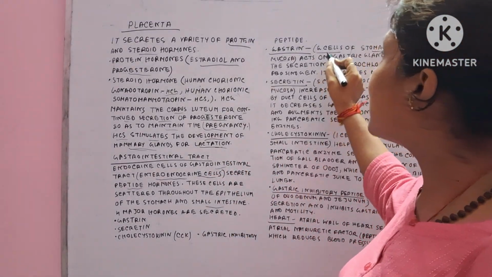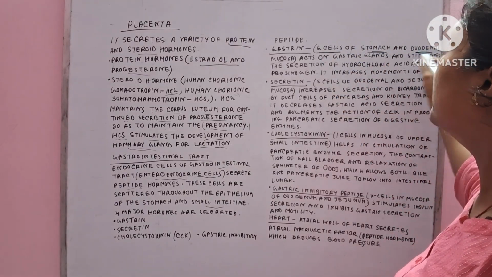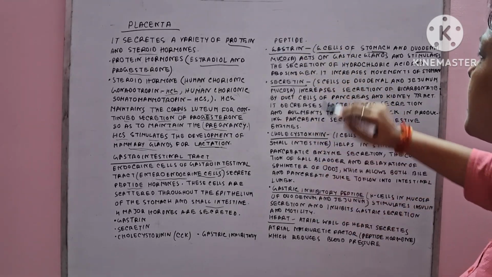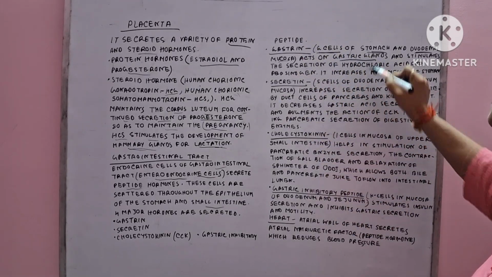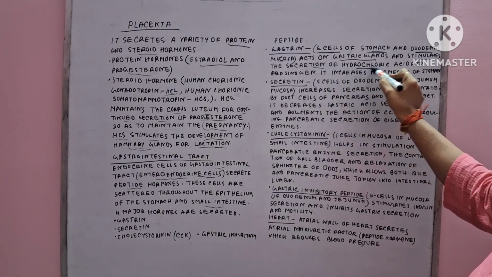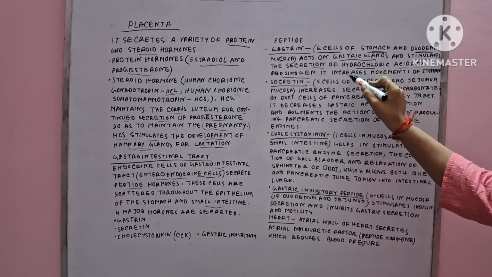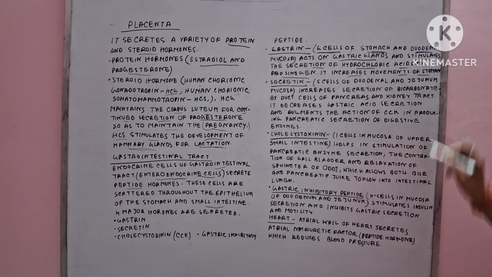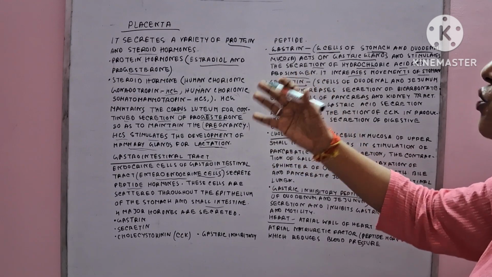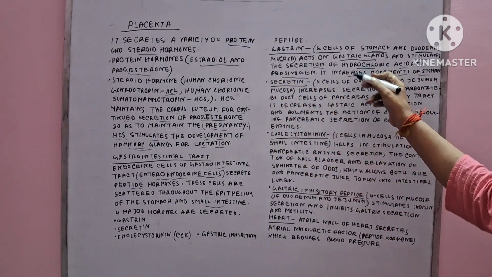And the secretory cells are the G cells of the stomach and the duodenal mucosa. And what is the role of this gastrin? This acts on gastric glands and stimulates the secretion of the hydrochloric acid and pepsinogen, and it increases the movements of the stomach. So two functions are controlled by the gastrin. First, it helps to release the hydrochloric acid and the pepsinogen, and also it helps in the movement of the stomach.